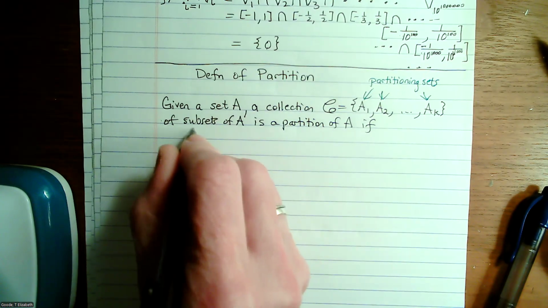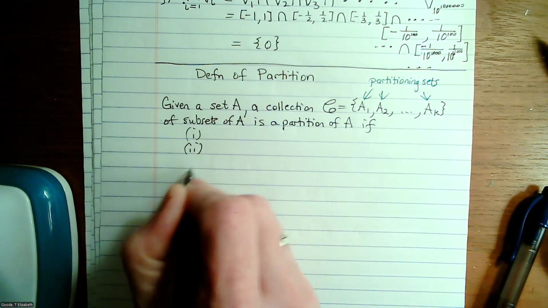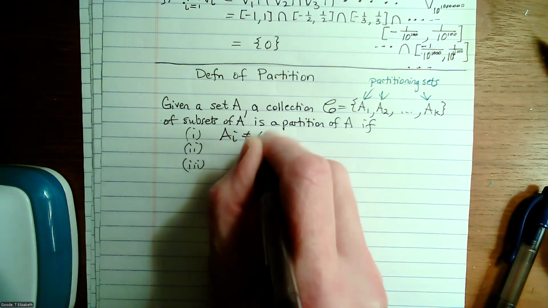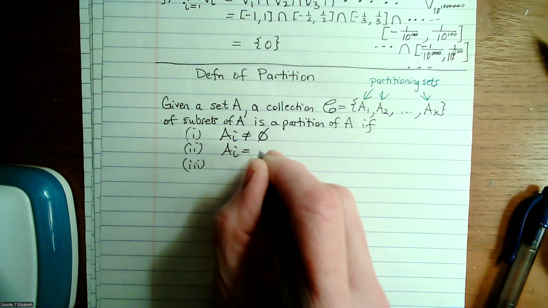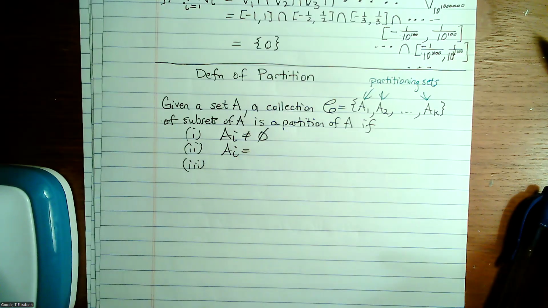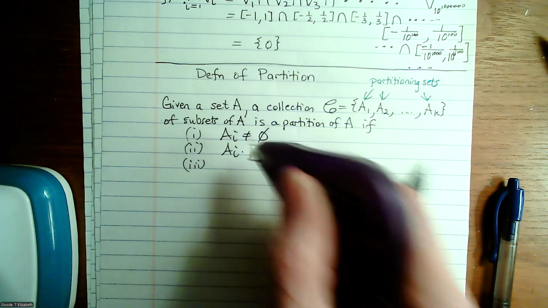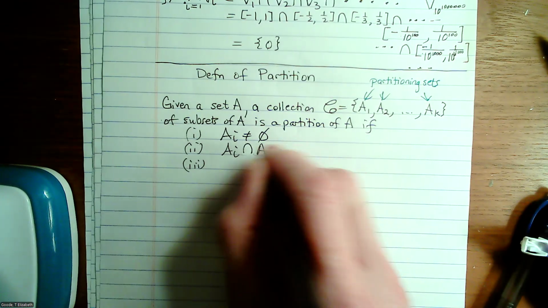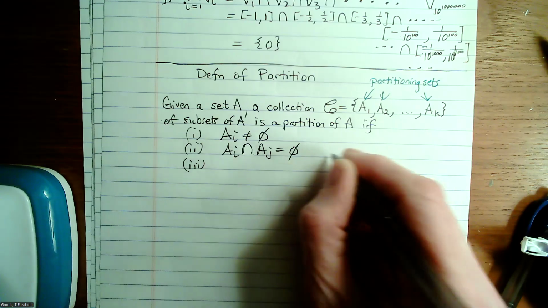If, 1, 2, 3 things happen: each A sub I is not empty. They are mutually disjoint sets; if you take any two of them that are different, their intersection is empty.